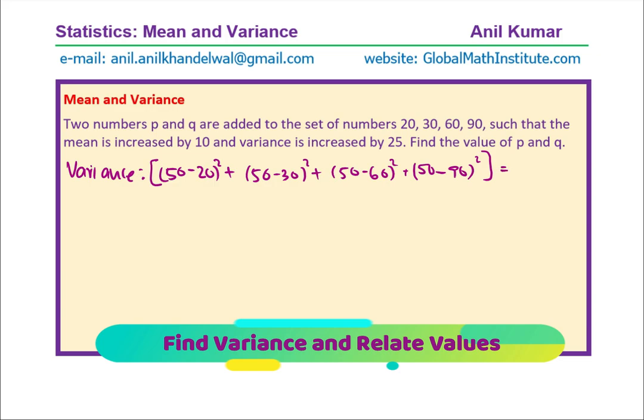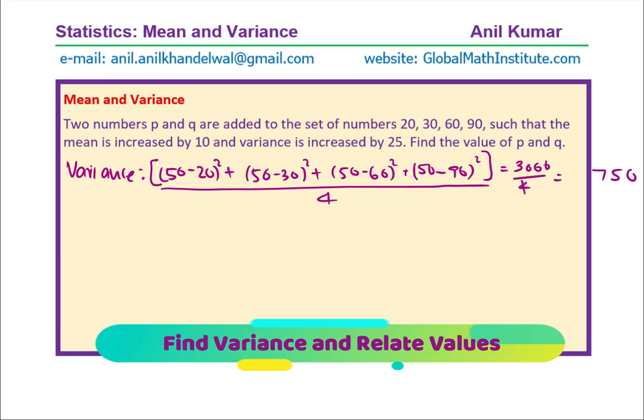So that is the original variance, and we have to divide this by 4. So the variance, when you do that, is 3000 by 4, and that is equal to 750.